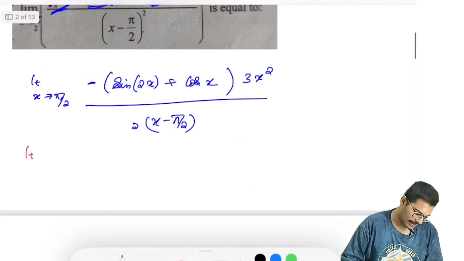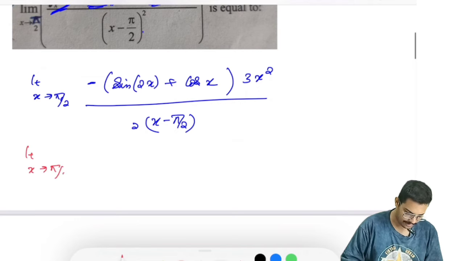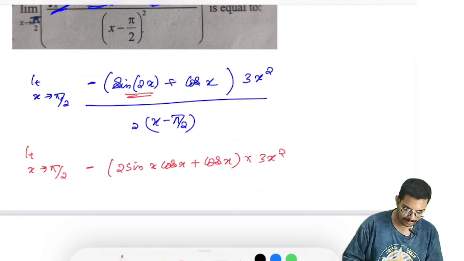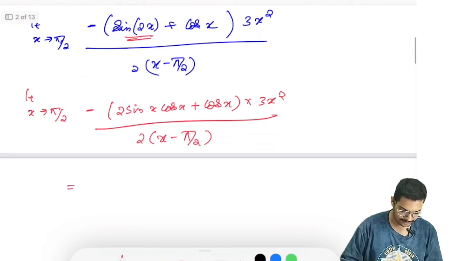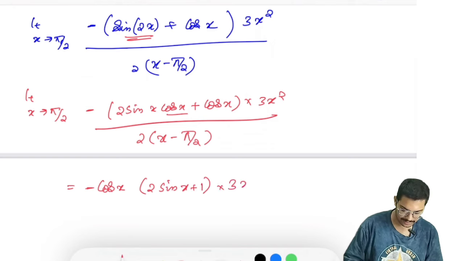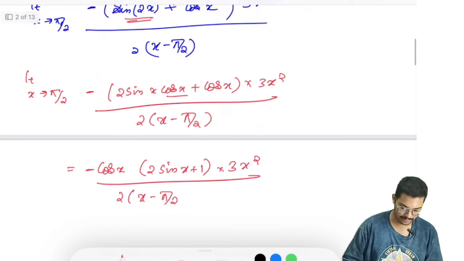I can write limit x tends to pi by 2 minus, can I write sine 2x as 2 sine x cos x, plus cos x, into 3x square divided by 2 into x minus pi by 2. Again, it will be minus, I can take cos x common, minus cos x into 2 sin x plus 1 into 3x square divided by 2 into x minus pi by 2.